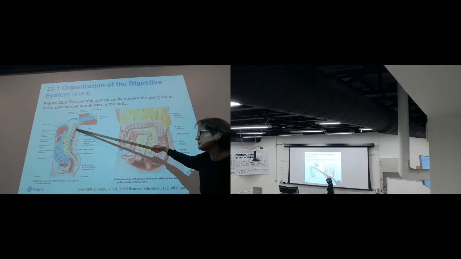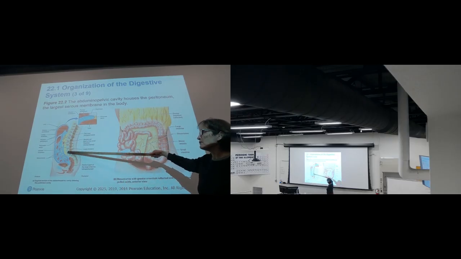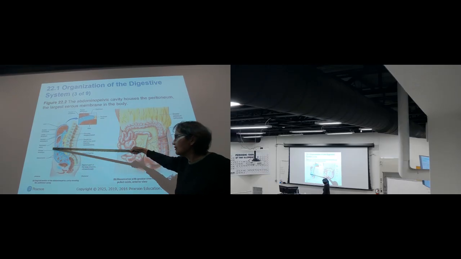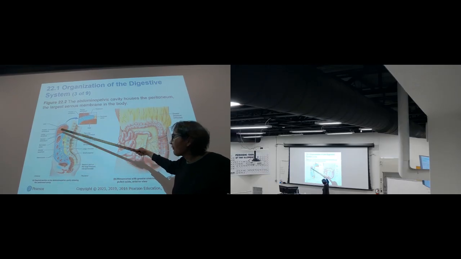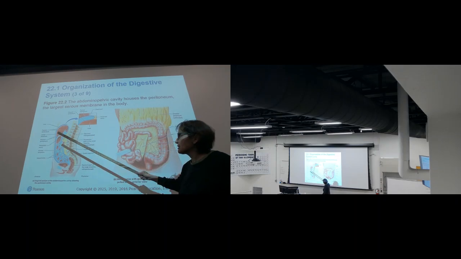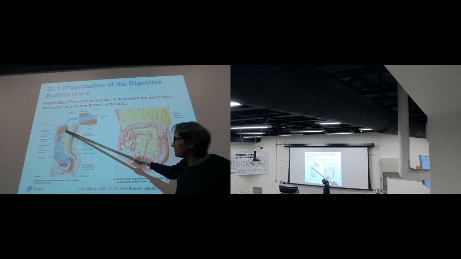So this is anterior, this is posterior, these are the bodies of the vertebrae. These are the muscles of the anterior abdominal wall. This is the liver, so this is the sagittal view of the liver. Here is the stomach, the open view, so this is the stomach cavity.